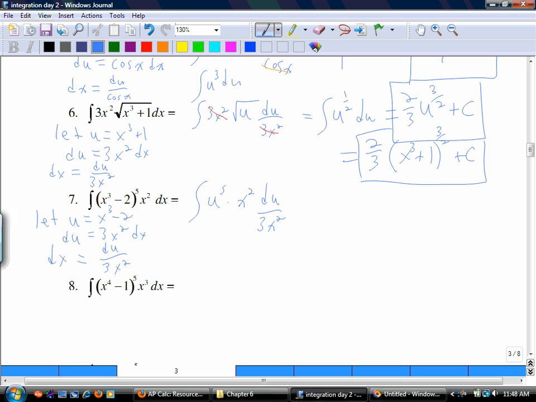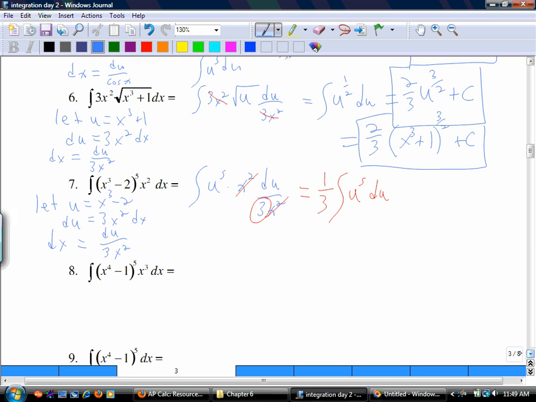What do you think I could do with the 3 on the bottom? Because I know that the x squareds cancel, but what about the 3? Yeah, make it 1/3 and put it out front. Exactly. So this is going to be 1/3 now times the integral of u to the power of 5 du. Notice that the number you can just pull out front, right? Those coefficients you can just get rid of.